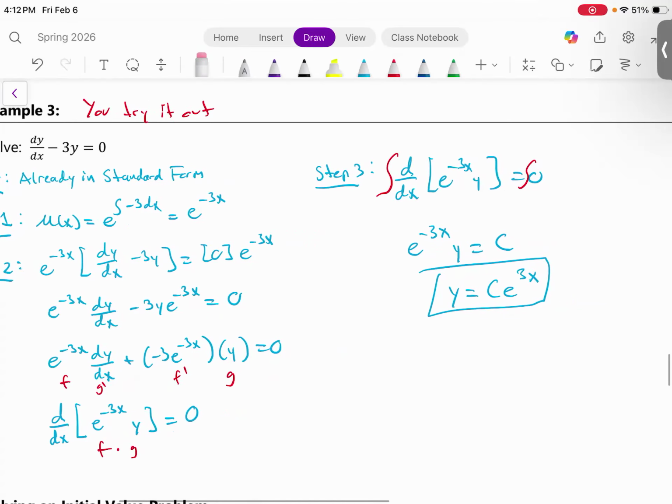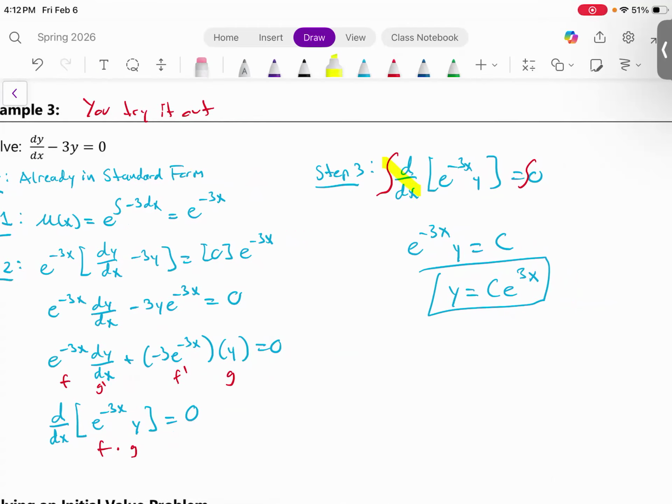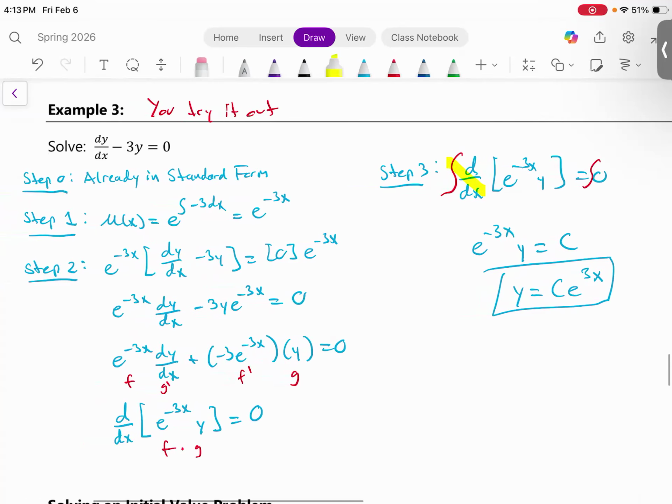Maybe you got a little stuck here, just in case. It's very uncommon, but we integrate both sides and we integrate 0. The integral of 0 is something we don't often do, but what we get is actually a constant. Then we isolate y, and we get c e to the 3x. And that's our answer.